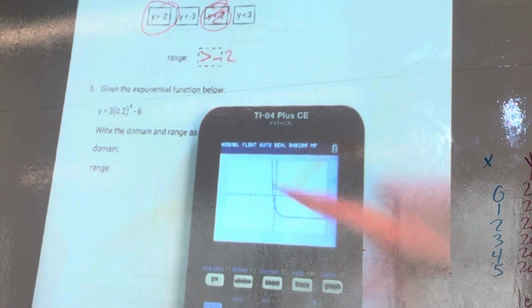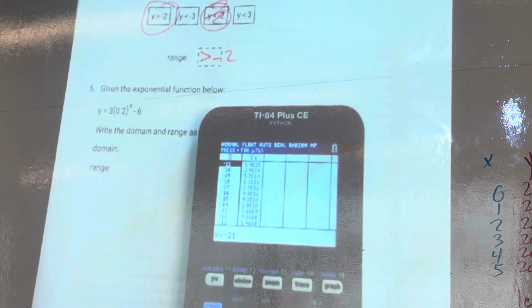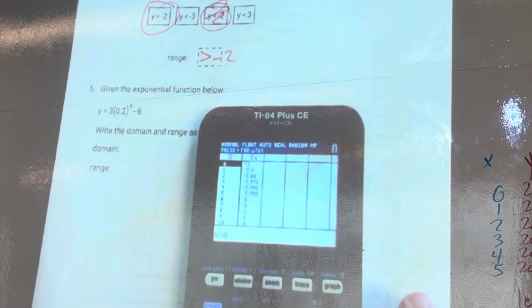Yeah, so it's going to get close to negative 6, I would think. And, hold on. So at negative 6, not negative 6, when, positive, there we go. So even though it says negative 6, it's actually getting close to it. It's going to hover there.